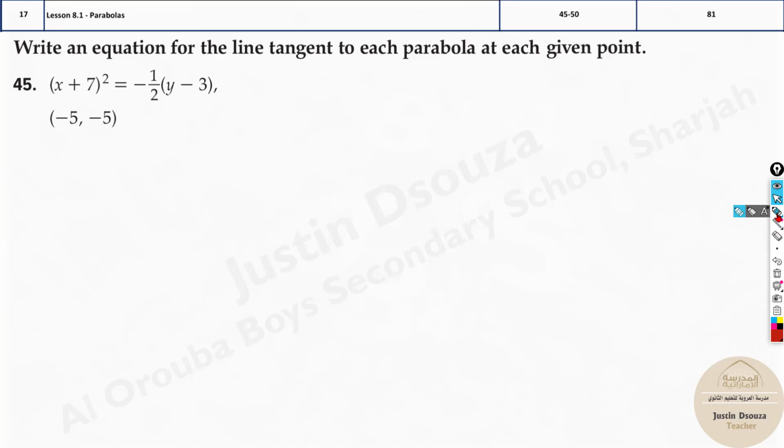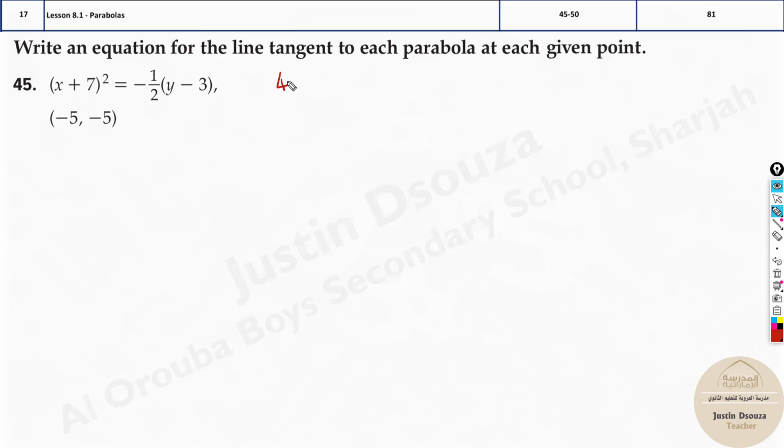And let's look into the next one. Yes, let's do this one, because the last problem we did was x equals y squared. Now it's the other way around. This one is x squared equals y, or y equals x squared. So how do we start solving it? First, let's write the standard form of the parabola for this particular thing.